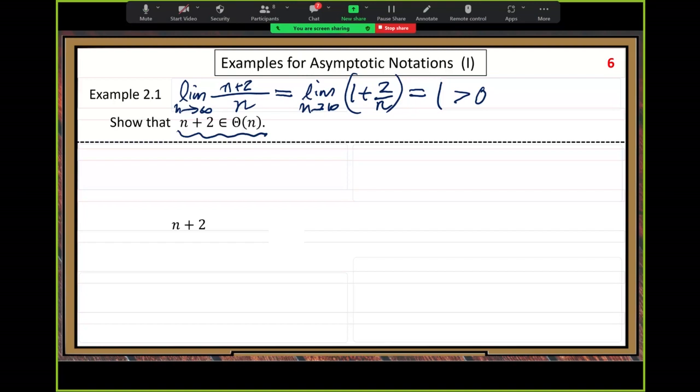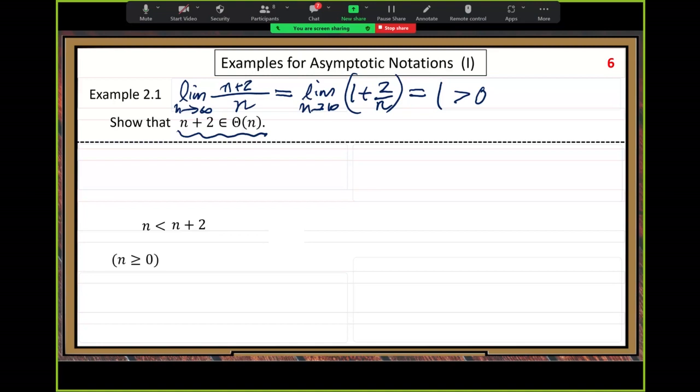For n plus 2, we need to find a constant multiple of g function n. For C2, we just use 1 times n. We know n plus 2 is greater than n, so C2 is 1. Because it's simple, we can see it quickly.